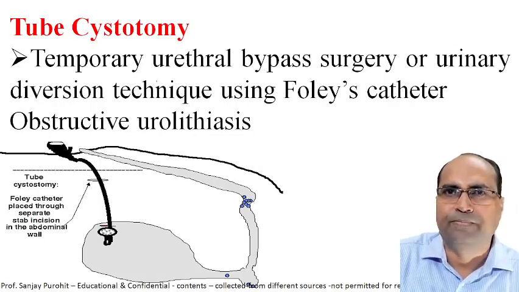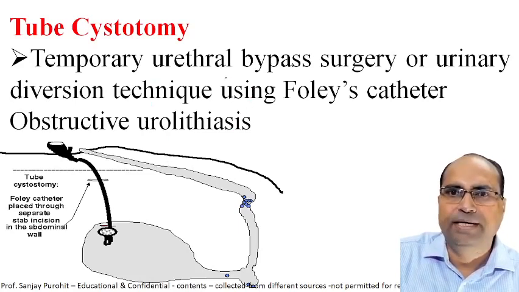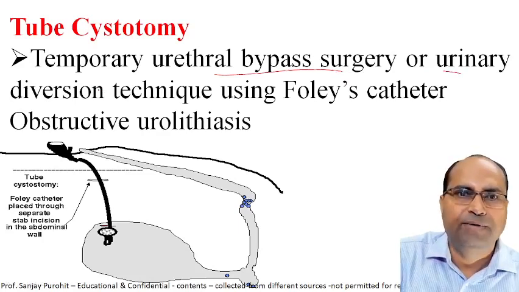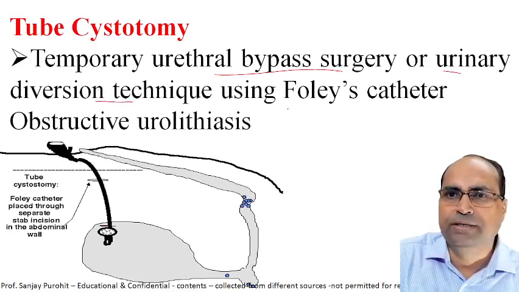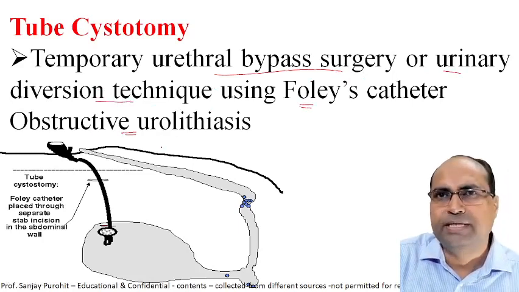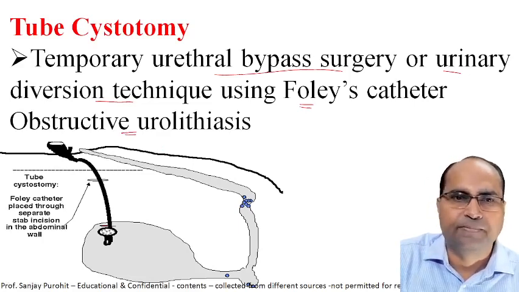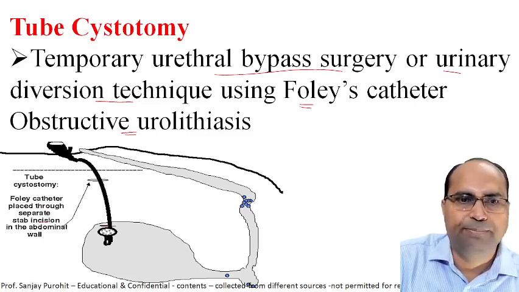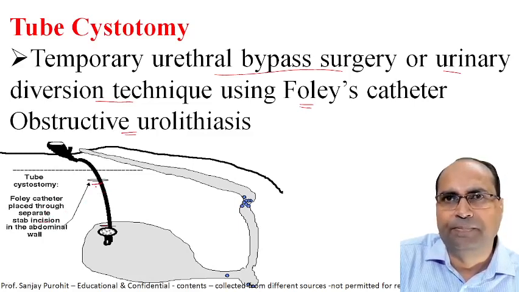Tube cystotomy. Tube cystotomy is a urethral bypass surgery or urinary diversion technique using a Foley's catheter. This is performed in case of obstructive urolithiasis. In tube cystotomy, a Foley's catheter is placed through a separate stab incision in the abdominal wall.